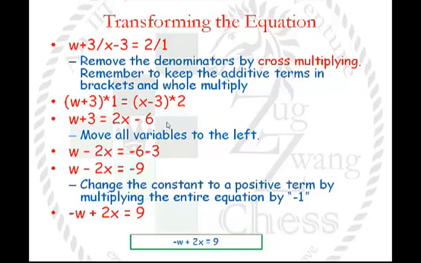So it changes to W minus 2X equal to minus 6 minus 3, which is minus 9. However, it's still not in the regular form because the constant is negative. So to change that, you multiply both left hand side and right hand side by minus 1 and still maintain the order where the W comes first and X comes second. So the equation transforms to minus W plus 2X equal to 9.